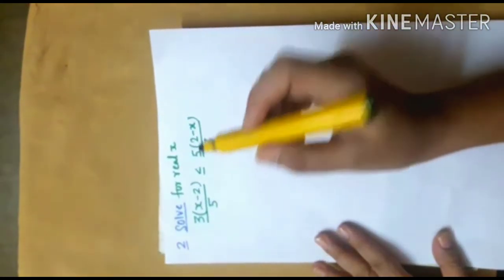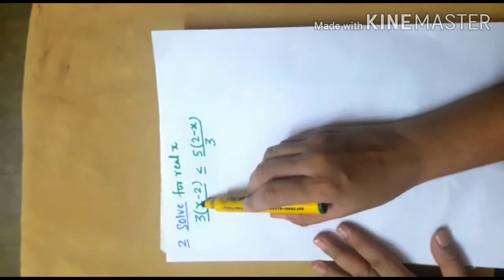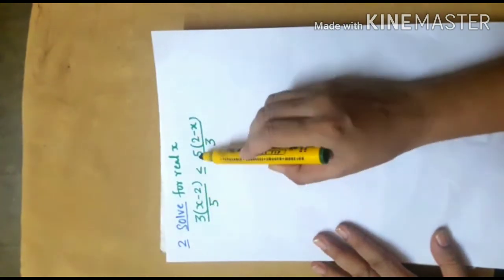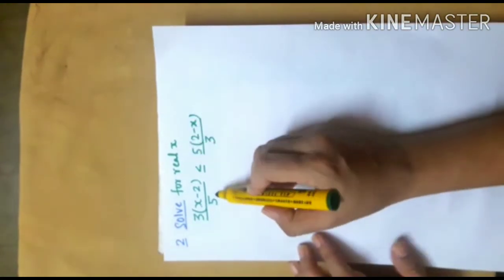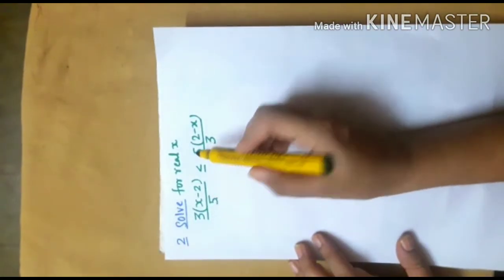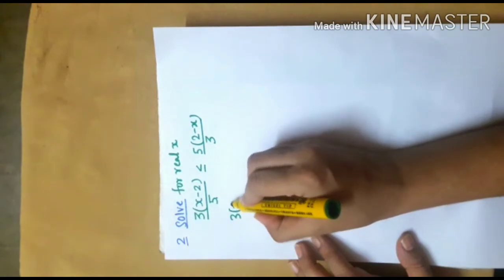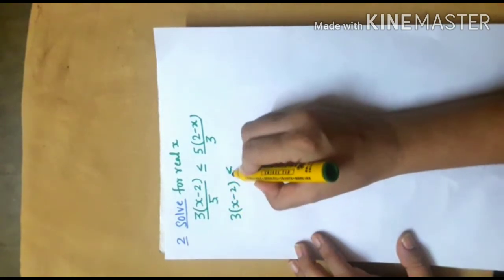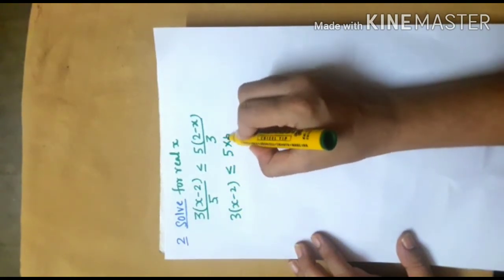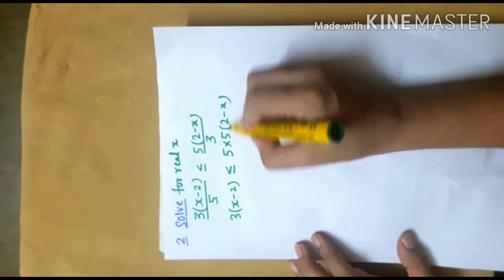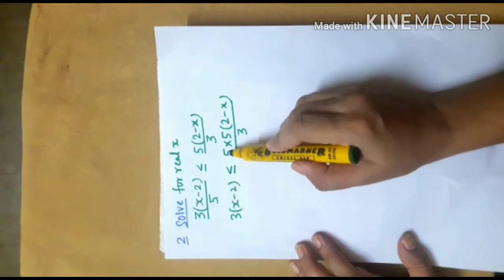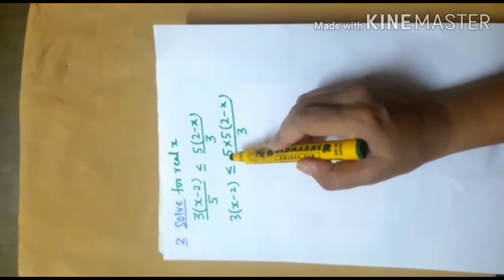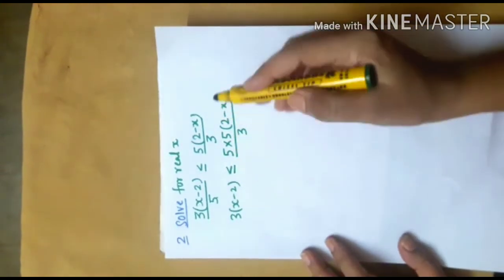Let's take another example. Solve for real x: 3 by 5 times (x minus 2) less than or equal to 5 over 3 times (2 minus x). Yes, first I transpose this 5 to this side. As I have multiplied by a positive number, the sign of inequality will not change.